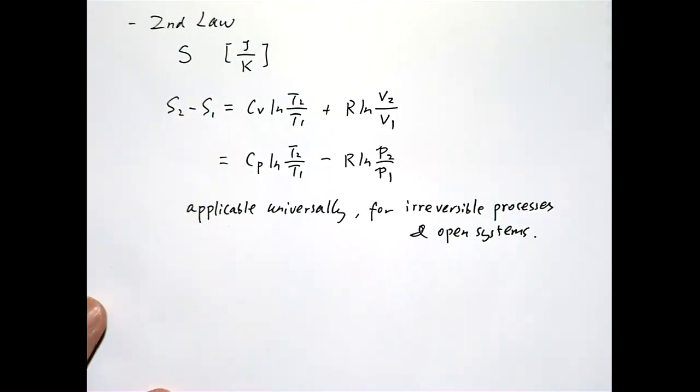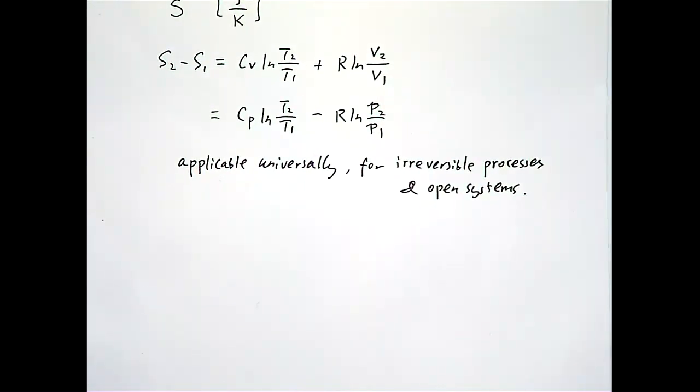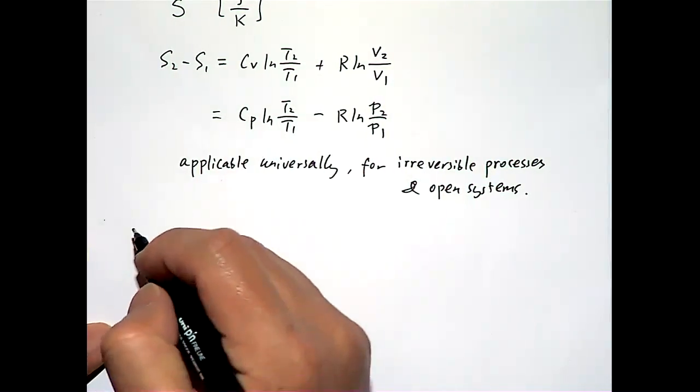The reason that we discuss the Gibbs equation is we want to derive an equation which is used extensively in later analysis, which is the isentropic relation.